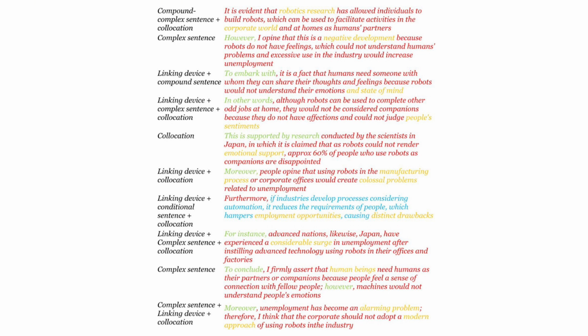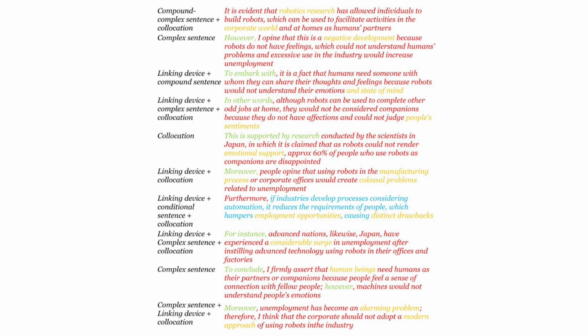This is supported by research conducted by the scientists in Japan, in which it is claimed that as robots could not render emotional support, approximately 60% of people who use robots as companions are disappointed. Who, that is a relative clause that is being used over here.